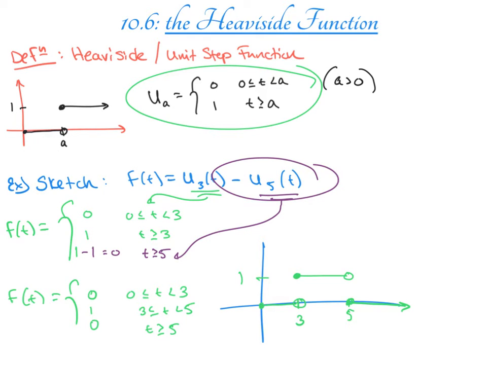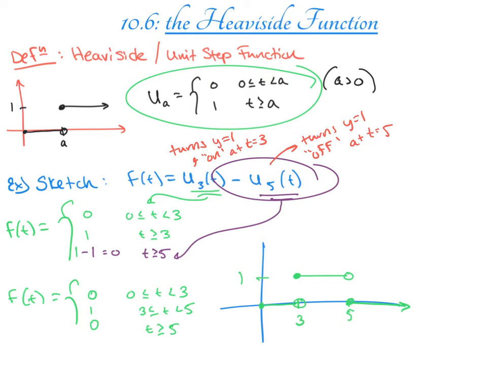So here's how I want you to think of the unit step function. I'm going to go to red. This part here, u sub 3 of t, turns y equals 1 on at t equals 3. And this minus u sub 5 of t turns y equals 1 off, or back to 0, at t equals 5.